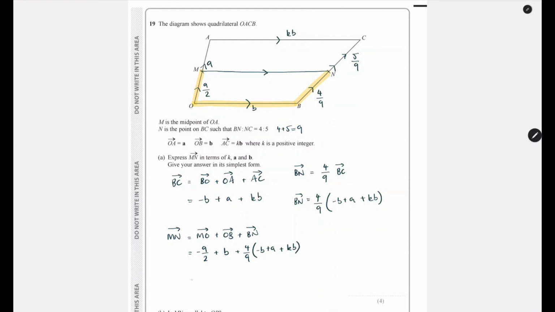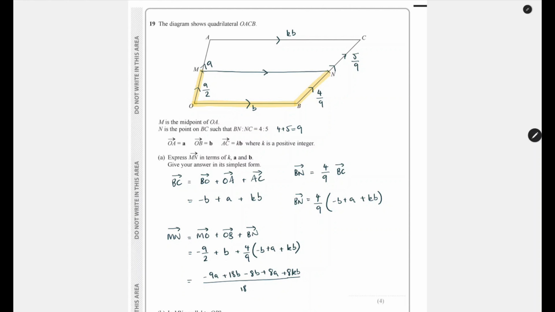And so we can put all of this under the same denominator. The common factor will be 18, and so that becomes minus 9A plus 18B, and then we need to double everything here, and so that becomes minus 8B plus 8A plus 8KB.